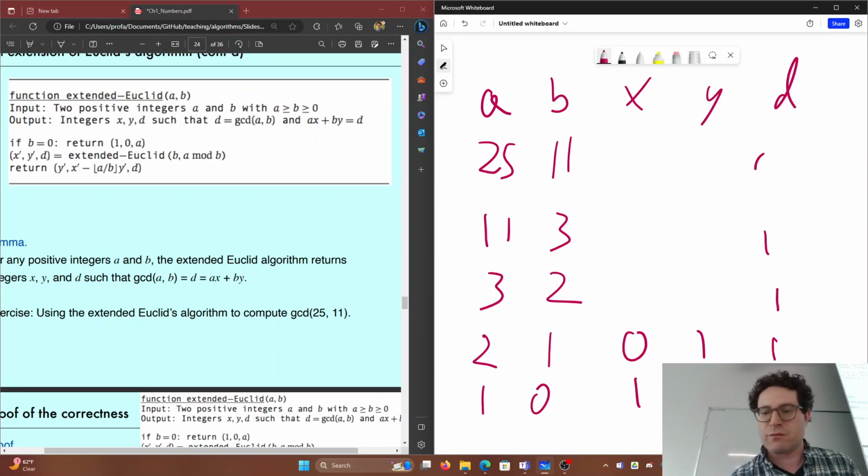This often happens where we flip that. So now we go up to here, 3 and 2. So x is going to be the y, and then y is going to be x, which is 0, minus 3 over 2, which is 1, times y, which is 1.